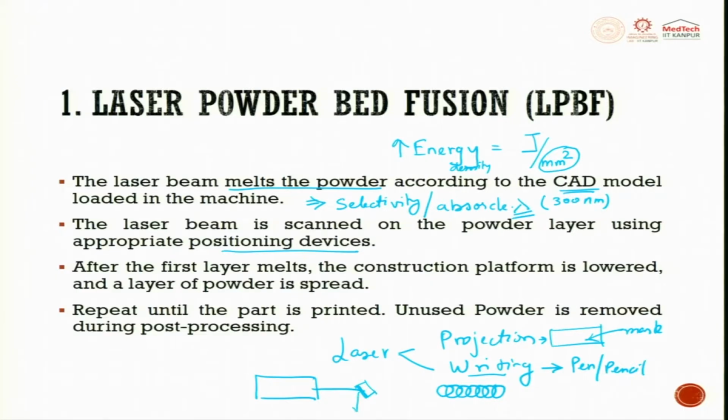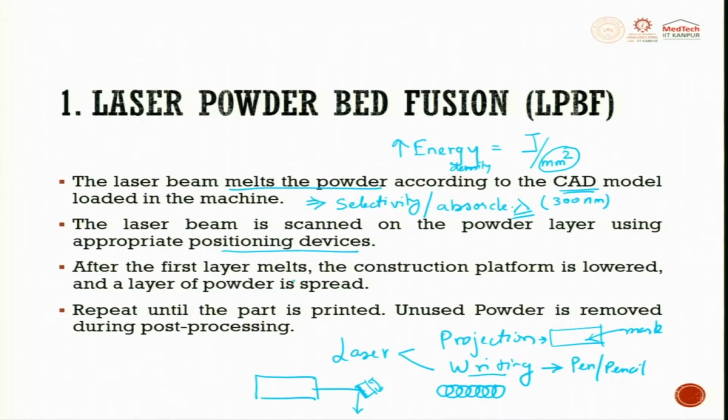This mirror will focus, and it can swivel in the XY plane. So, it will sweep and take that spot on top of the bed. Appropriate positioning devices can be used to do it.